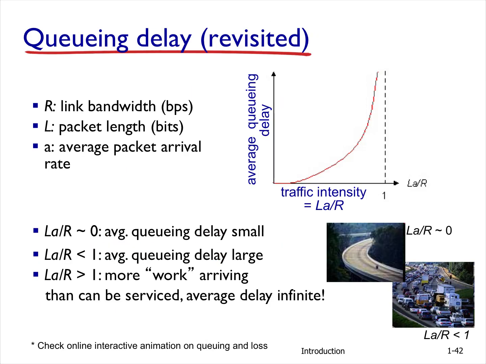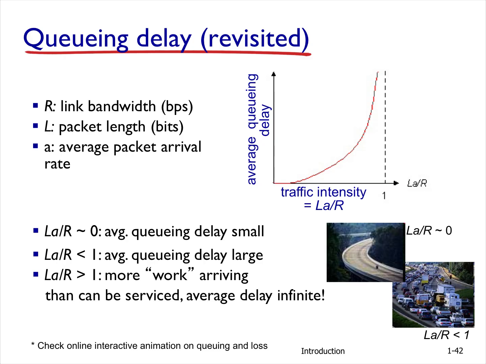And this is meant to give you a feeling about the queuing delay. Again, we didn't really talk about how to calculate that, but generally speaking, here we have L, the length of a packet, we have R, the speed of processing the packet at a particular node, and we have A, which is how many packets are arriving on the average per second.